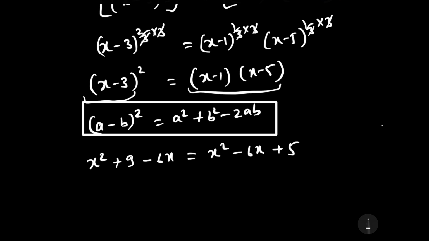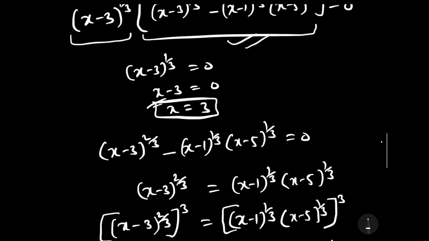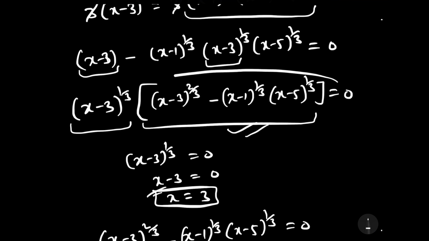Then x square will cancel out with this x square and minus 6x will cancel out with this minus 6x, and we will have 9 is equal to 5, but this is not possible. Hence we can say that this term can't be equal to 0.